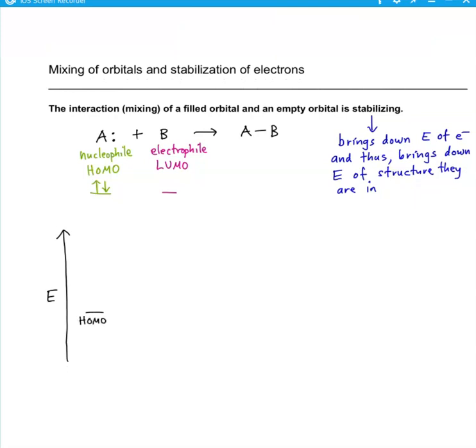So let's say that this over here is the HOMO of A. And then over here on this side, this is the LUMO of B. The HOMO of A has a pair of electrons in it, and the LUMO of B, of course, is empty. When those two get together, they're going to mix the way we've seen orbitals mix in the past. They're going to mix in phase and out of phase.